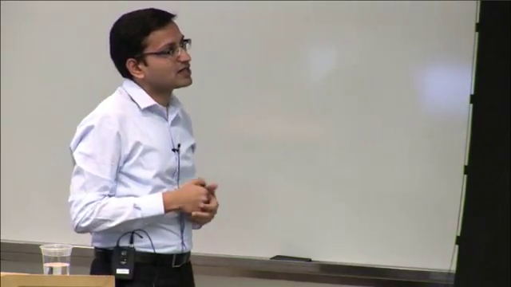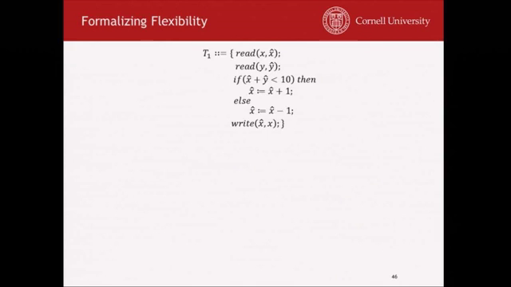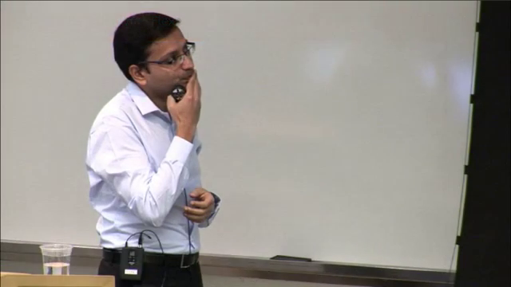Assuming that transactions are expressed in this language, this is how a transaction would look. It has a read statement, and I use the hat notation to indicate local variables. The non-hat variables are stored in the database.